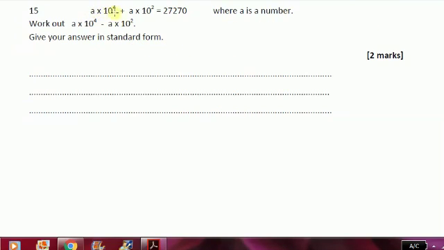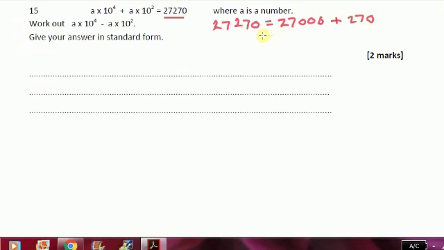The way I did this, I kept looking at it and I thought in the end, 27,270, I can write that as 27,000. So I'm going to separate it as 27,000 plus the remainder, which is 270.